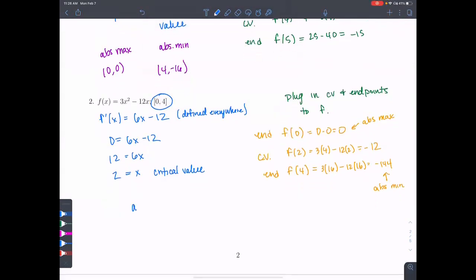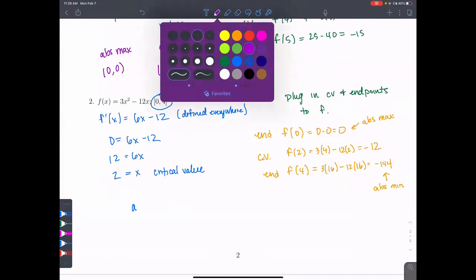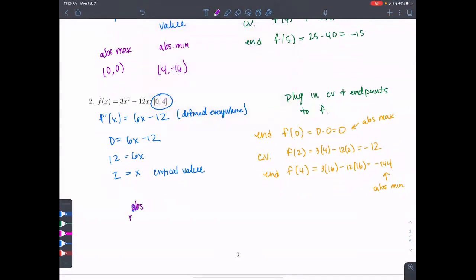So we have an absolute max at 0, 0 again, and an absolute min at 4, negative 144. This doesn't happen at that critical value. You have 0, 0, and then 2, negative 12, and then 4, negative 144.